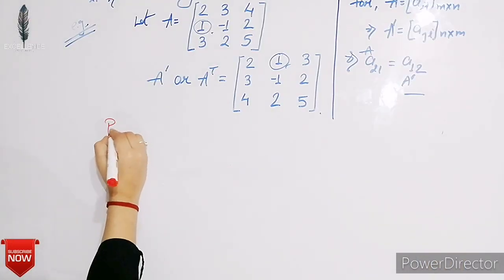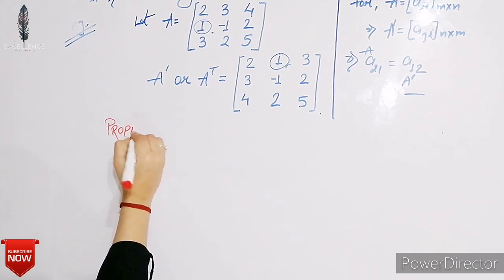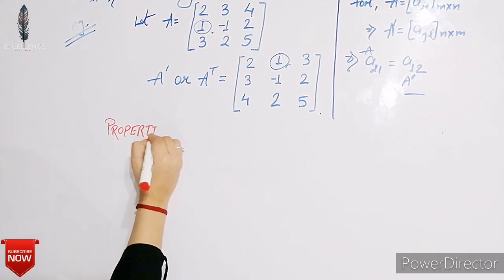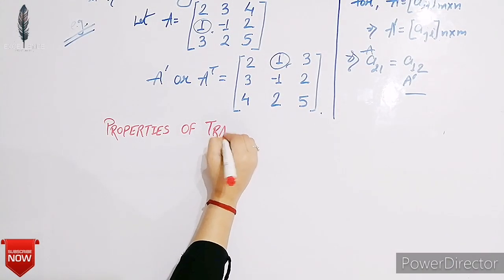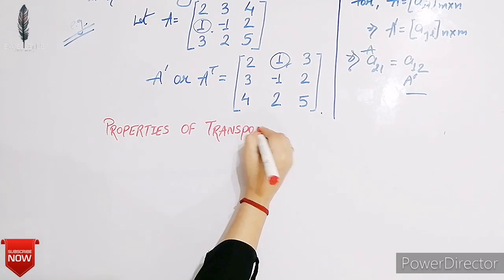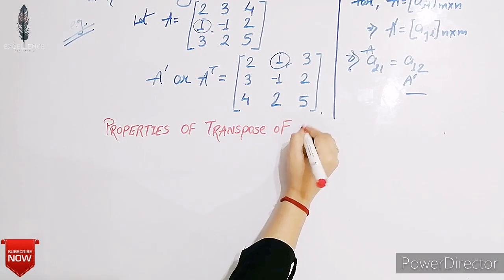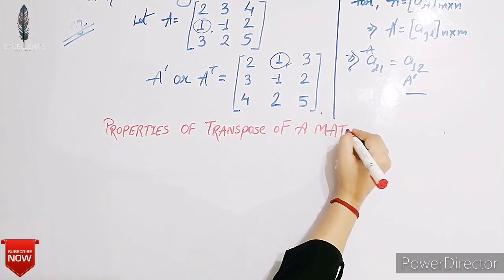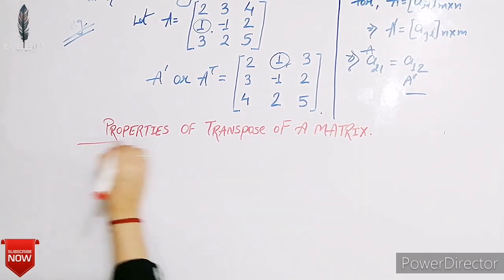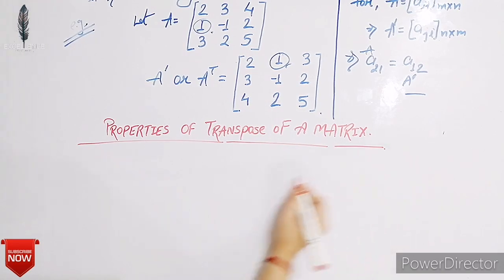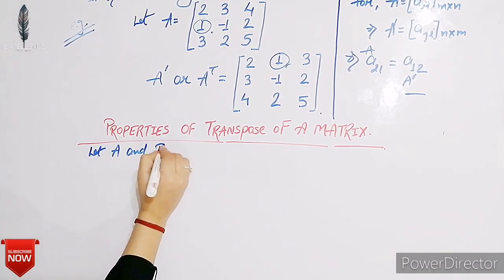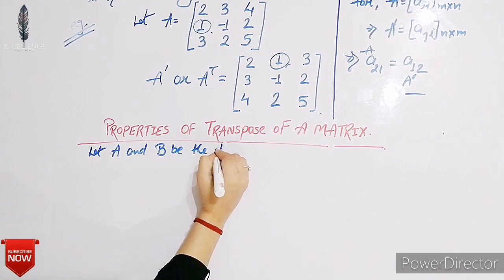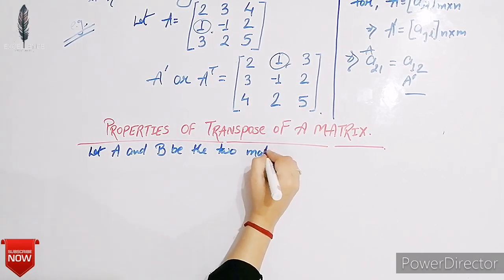Now let's see some properties of transpose of matrix. Let A and B be the two matrices.